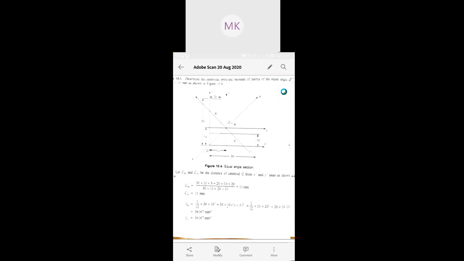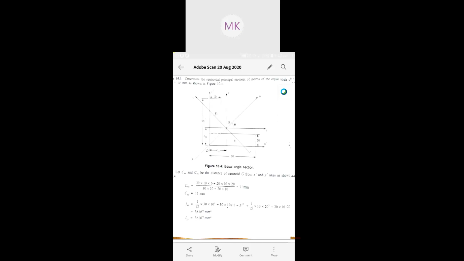From now onwards, we need to find everything by considering this axis. Our first step is to find where the axis exists. For that we need to find cxx and cyy. After finding that, we can easily say that our x and y axes are located at a distance of 11 mm from the section.